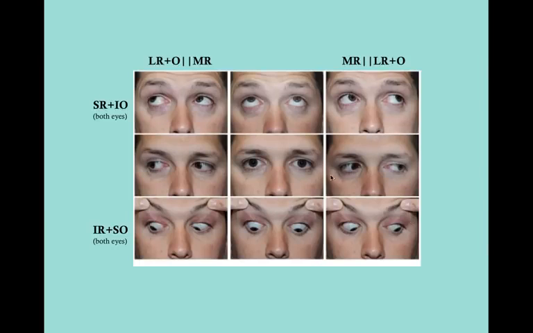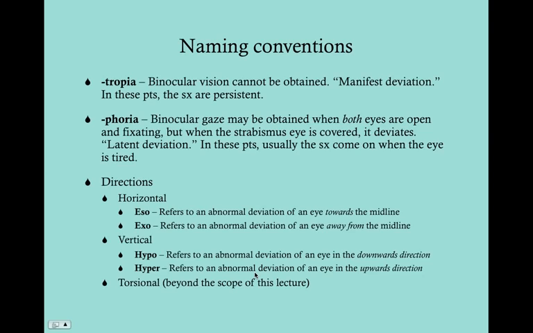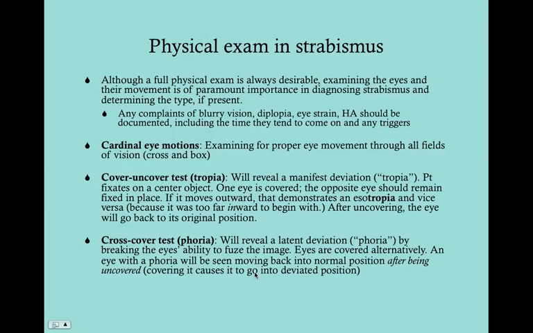These are your cardinal eye motions: looking up, looking down, looking left, looking right, looking straight ahead, looking up into the left, up into the right, down into the left, down into the right. So you can do that by just doing your cross and your box and having the patient look in all cardinal directions, making sure that those eyes are moving with each other and at the same degree.